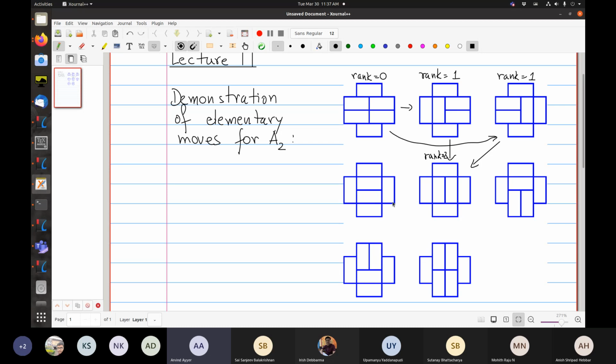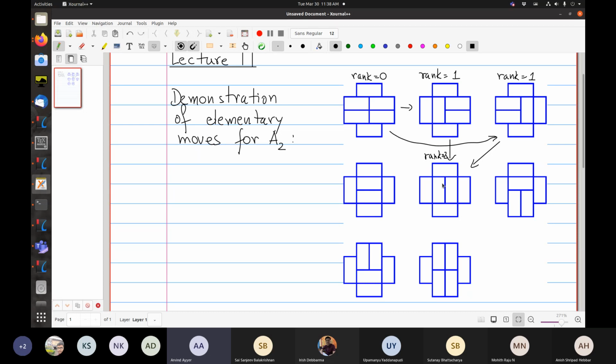And now you see, this is what I wanted to stress here. If you flip these two verticals to horizontals, you will get this tiling, which seems to be going the wrong way, because we want to get from the all horizontals to the all verticals, which was the maximum.